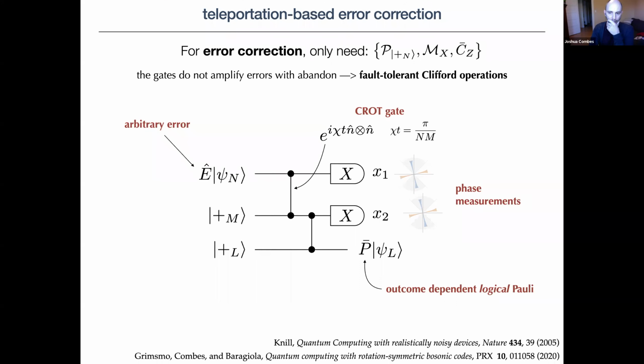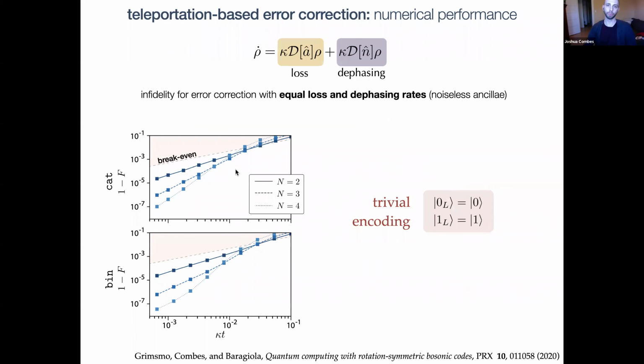I'm going to show you some numerics now that look at performing error correction with this circuit and compare that to an optimal error correction procedure. Here we're interested in the loss and dephasing channel. This is energy relaxation, and this is some superposition or mixture of rotations in phase space.